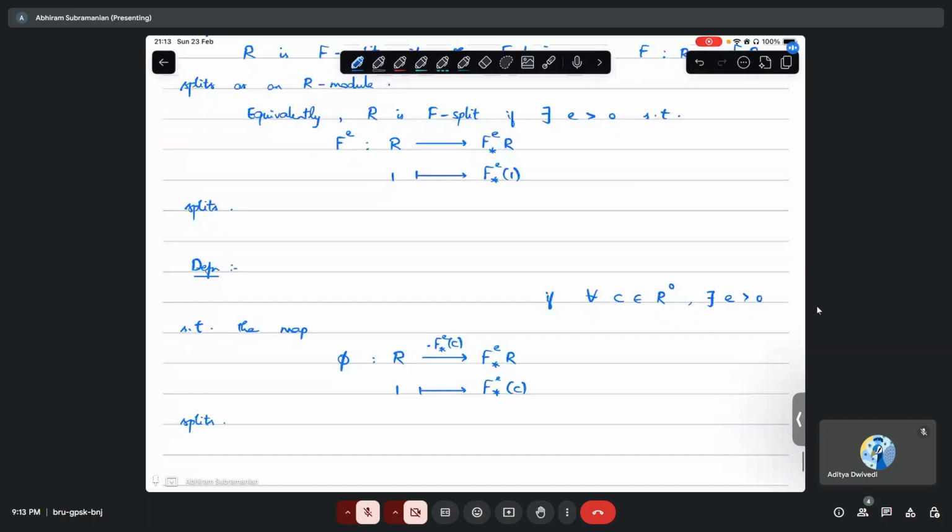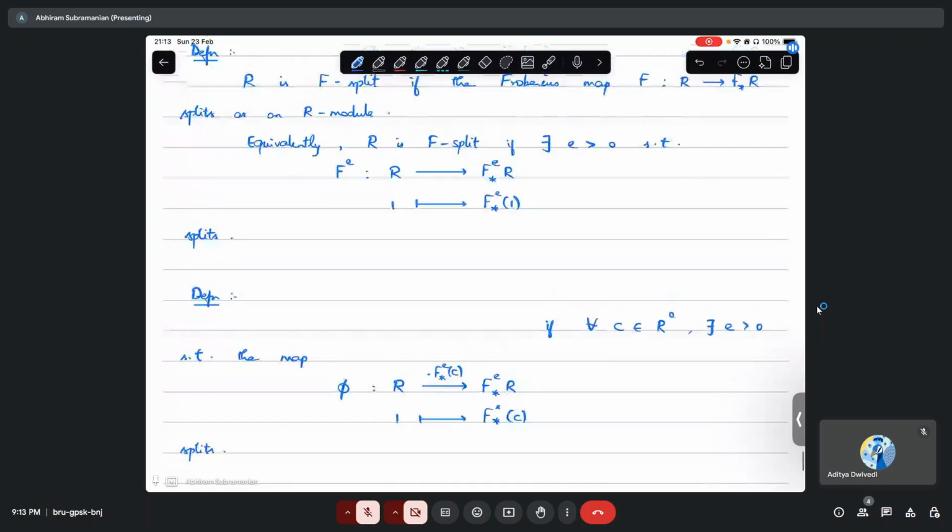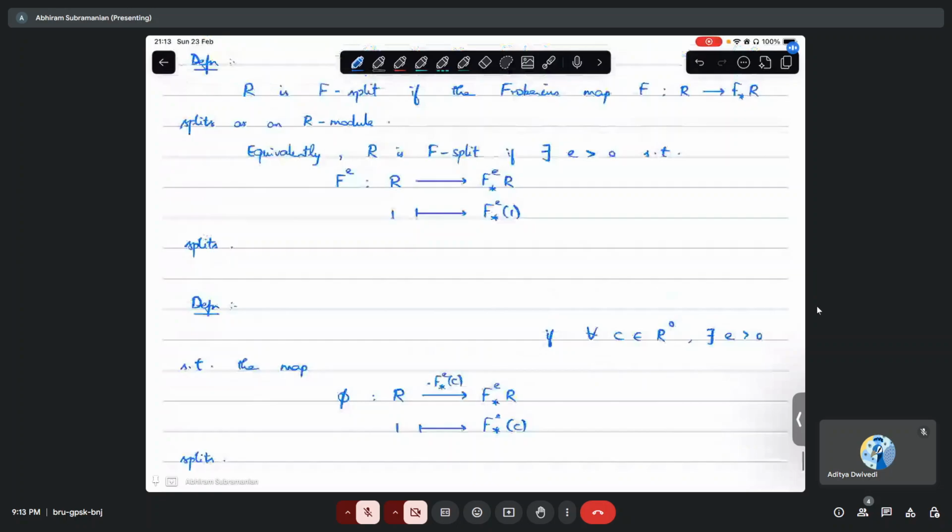For strongly F-regular rings, you need for all c in R naught, which are elements not in the minimal primes of R, there exists some e greater than 0 such that this map splits.